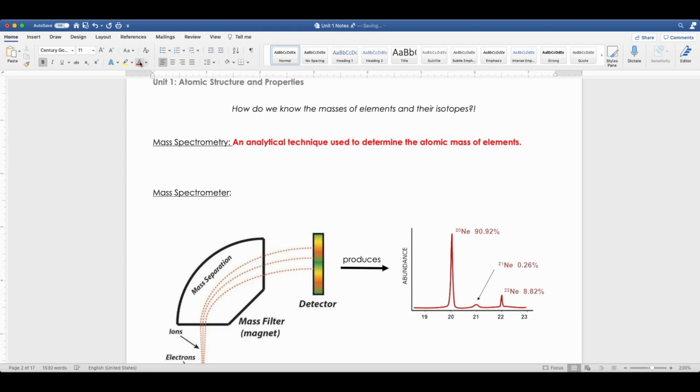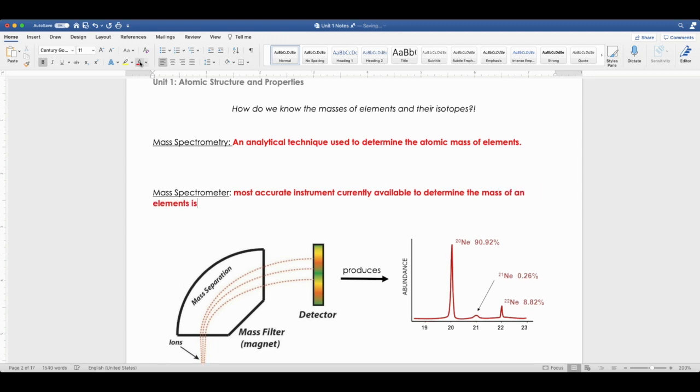So a mass spectrometer is the most accurate instrument currently available to determine the mass of an element's isotopes.